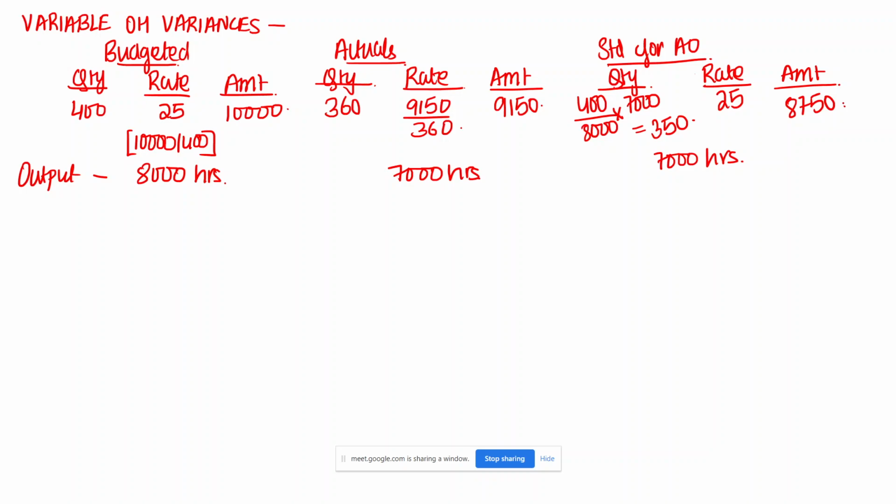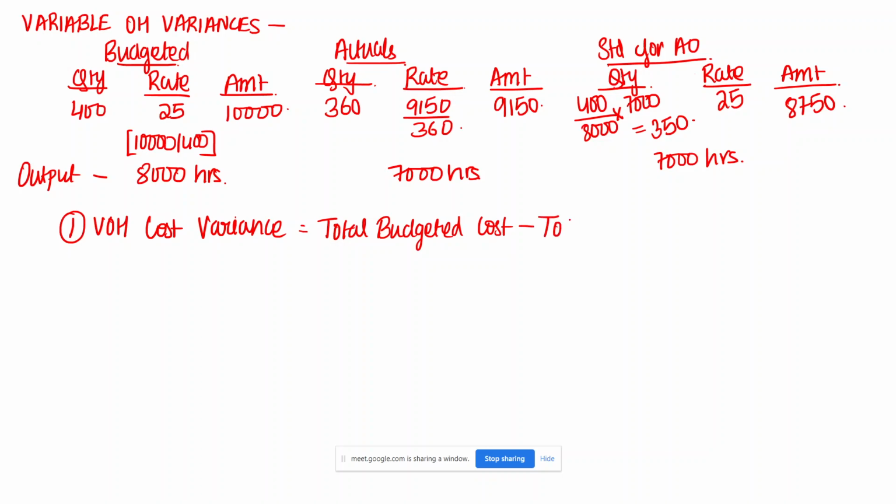Okay. So this was our table. Now what are the variances? The first variance that we are going to make is variable overhead cost variance. That is equal to total budgeted cost minus total actual cost.